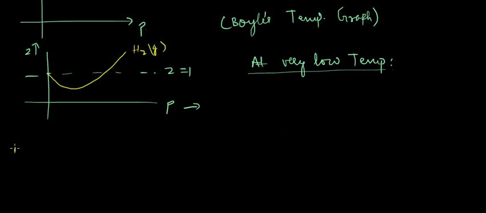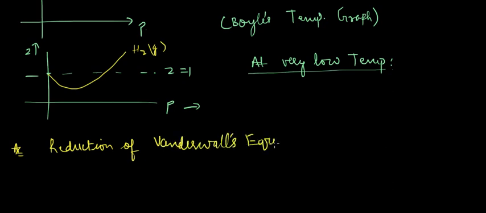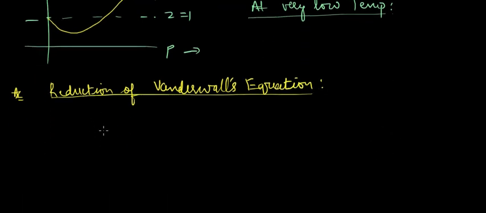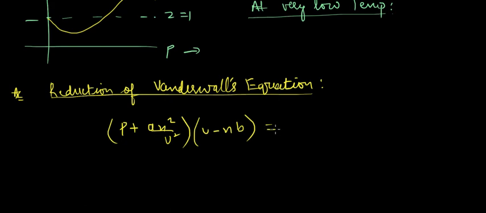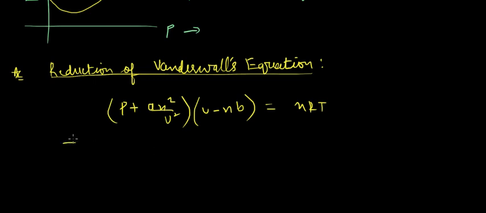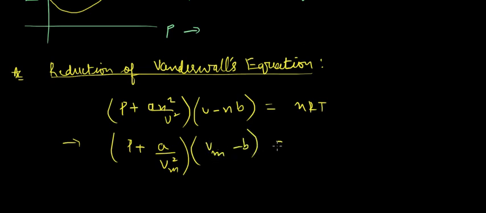So now we will be seeing reduction of Vanderwall's equation. So we have (P plus an square upon V square) into (V minus nb) equals to nRT. Let's say we convert it into molar volume, V into Vm, and we just divide by n throughout the equation.